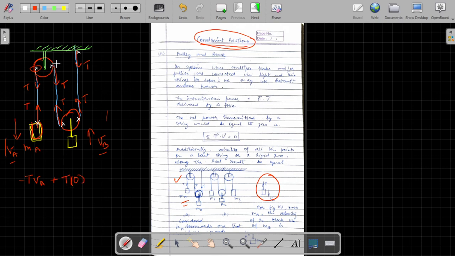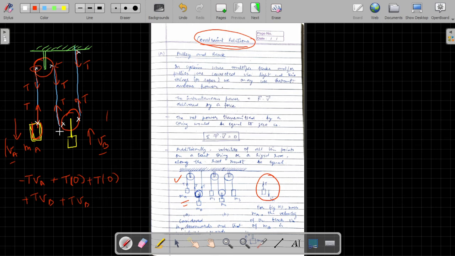Similarly, we would be writing the same thing for this point also, tension T into 0. Similarly, we will be writing this point, this tension T also. So we will be writing T into VB, and the same thing here, T into VB. At the final point, tension T would be multiplied with 0, and that would become 0.